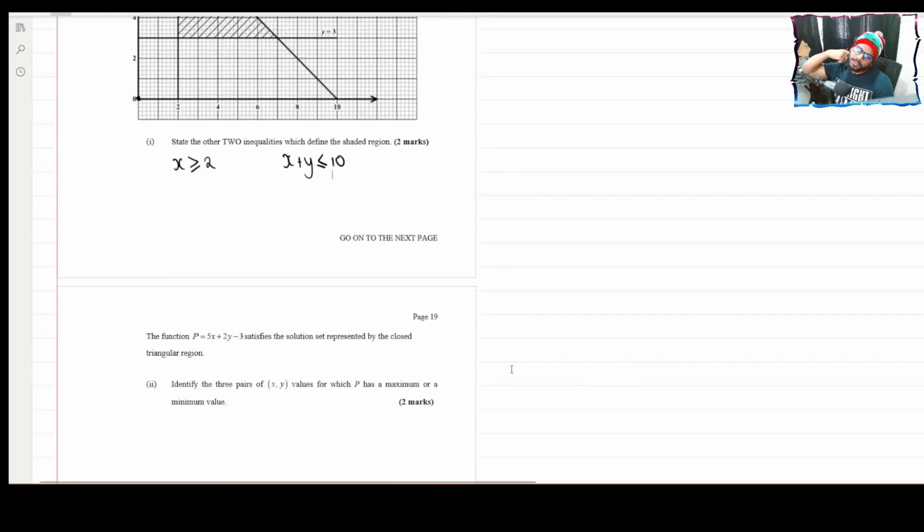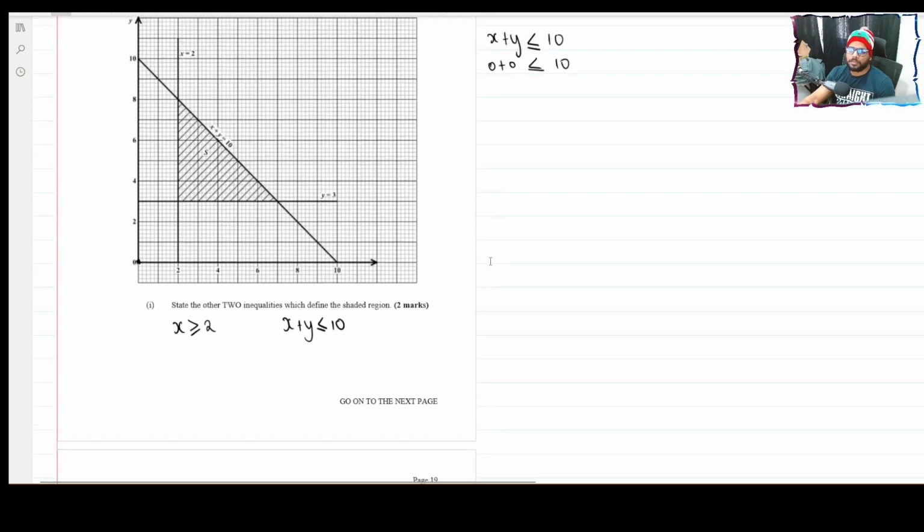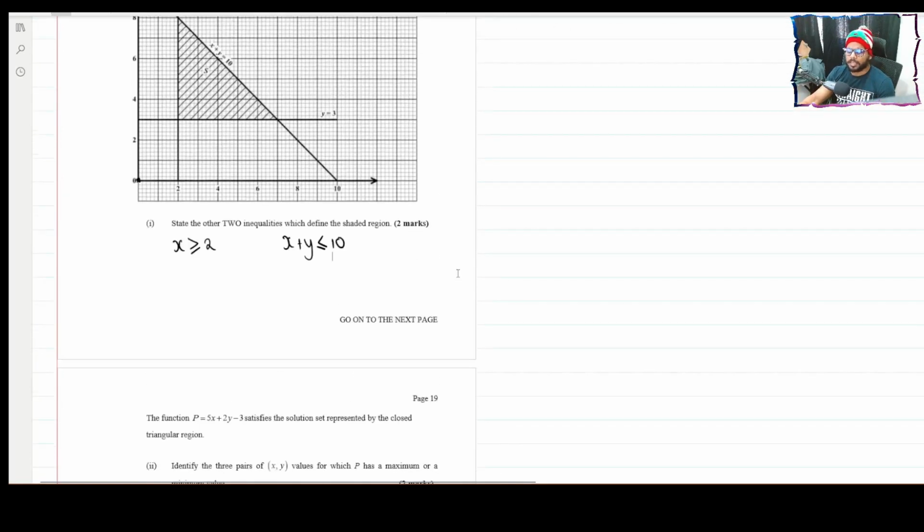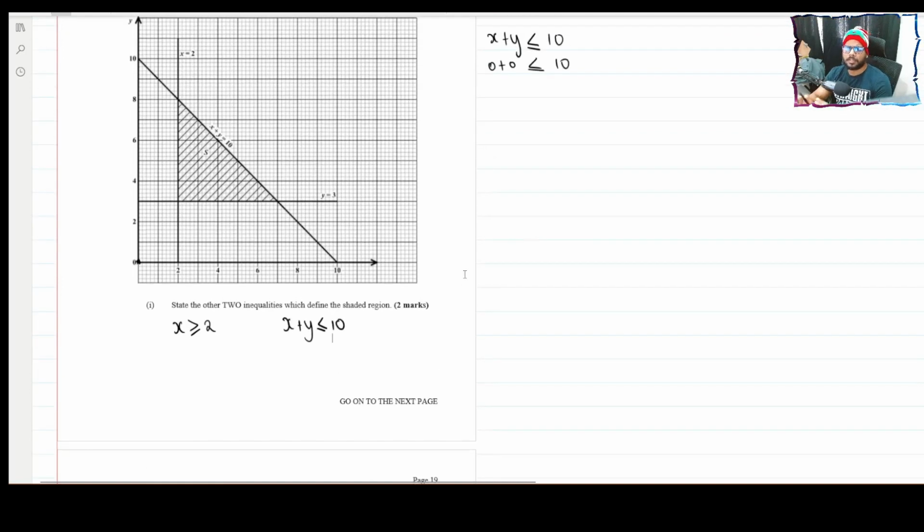The function p is 5x plus 2y minus 3 satisfies the solution set represented by the closed triangular region. Identify three pairs of x, y values for which p has a maximum or a minimum value. So all they want you to do is list the three vertices of the triangle, and this is a common question. They could ask it in a number of ways, but for maximum or minimum values when it comes to linear programming, you look at the vertices of the shape that satisfies the shaded region.